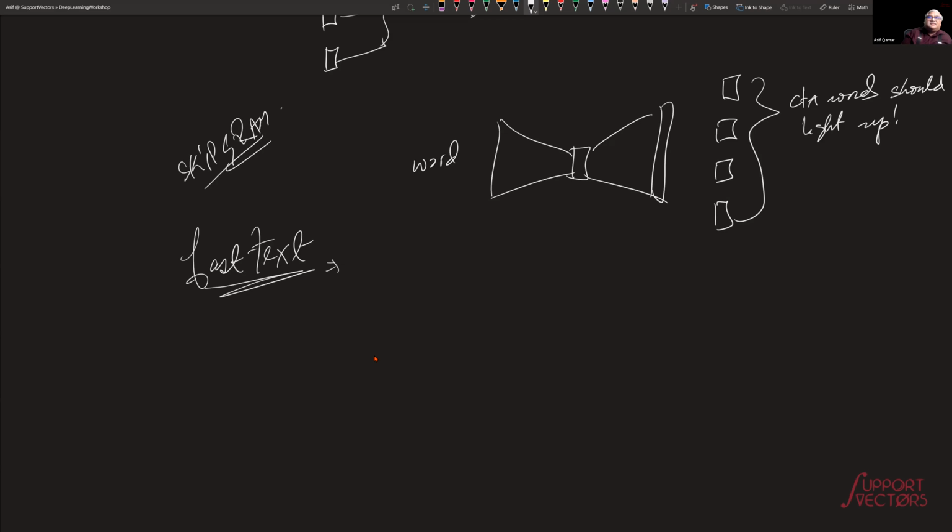So what fastText does is it takes the word. Let's take a long word, heteroskedasticity. We encountered that in machine learning, right?